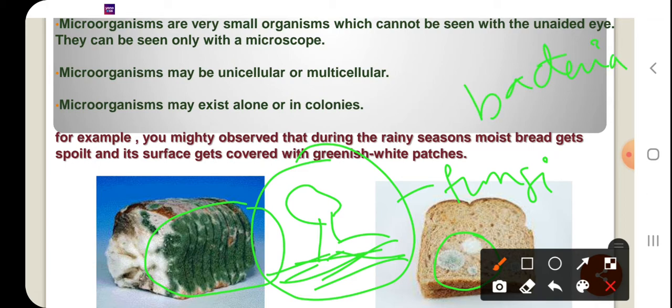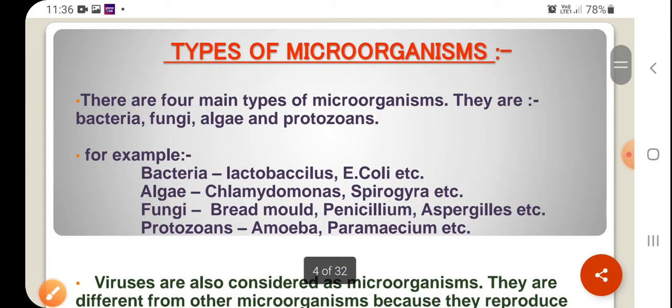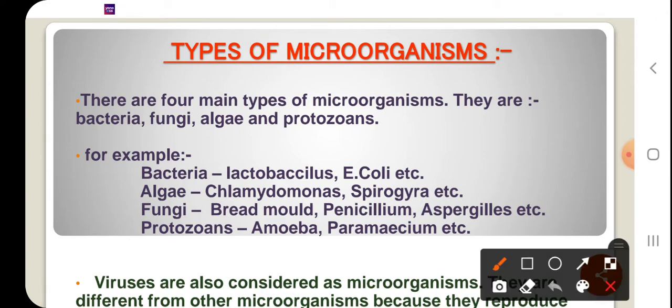So now the next one: are all the microorganisms of the same type? If you see, microorganisms are mainly classified into 4 different types. The first one is bacteria, the second one is algae, the third is fungi, and the fourth is protozoans.